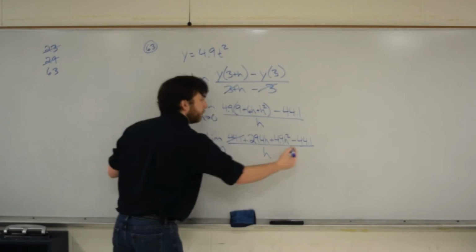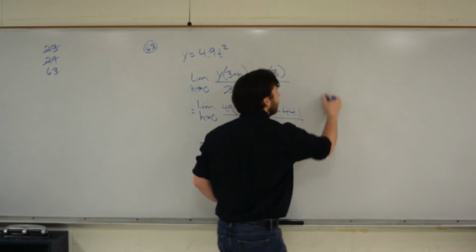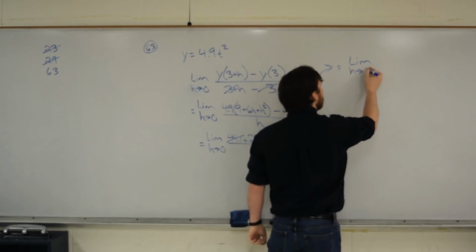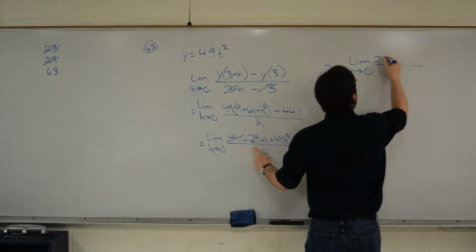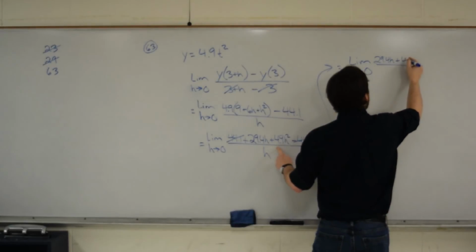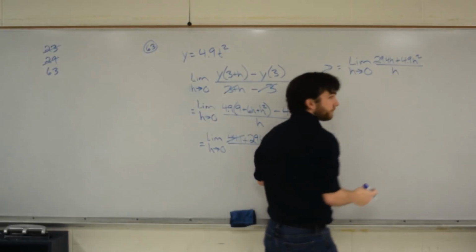Alright, so the 44.1s cancel out. Let's carry this up here. We're left with 29.4h plus 4.9h squared all over h.